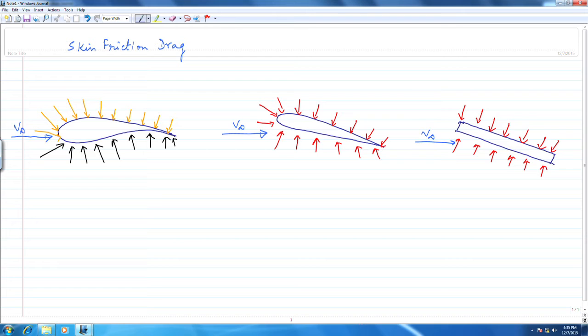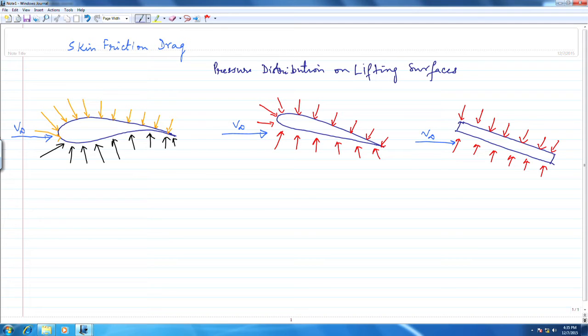So basically this is the pressure distribution. Let me write this, which is very important here: this is basically on lifting surfaces.